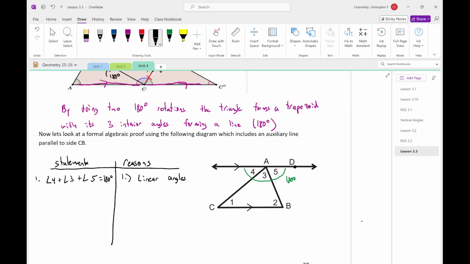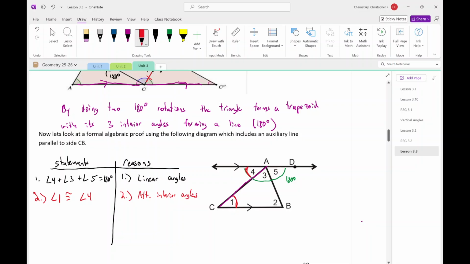Based on our parallel lines and our other side lengths, if I take that side length of AC, I have some alternate interior angles. For example, 1 and 4 are alternate interior angles. So my second statement is that angle 1 is congruent to angle 4 by alternate interior angles.